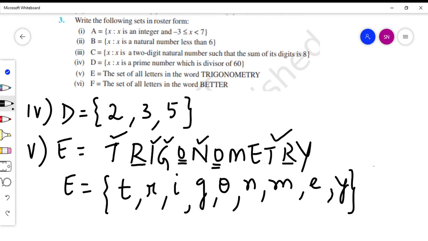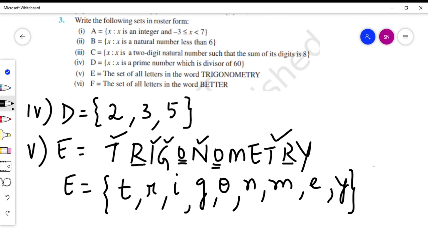Please bear in mind, in set theory, if you are converting it into roster form or tabular form and a word is given to you, if letters inside that word are getting repeated, you will consider that letter once. Hope this concept is clear to you all.